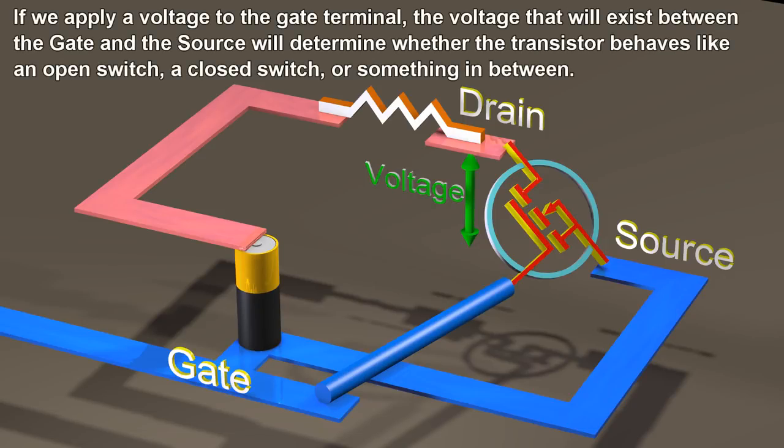If we apply a voltage to the gate terminal, the voltage that will exist between the gate and the source will determine whether the transistor behaves like an open switch, a closed switch, or something in between.